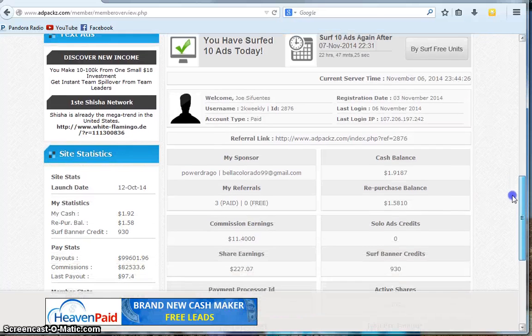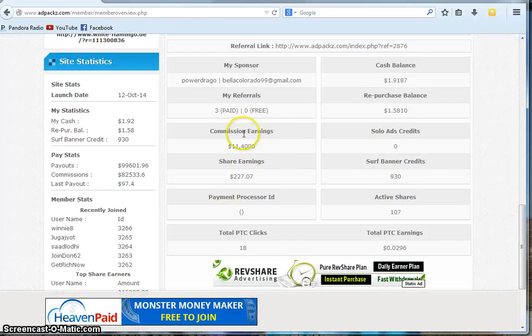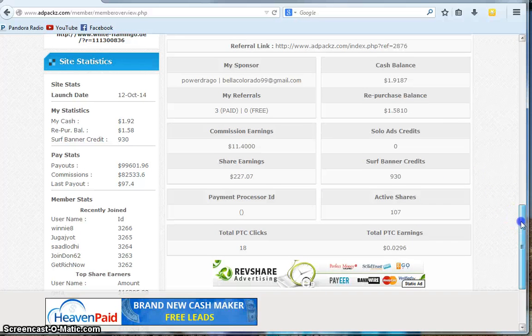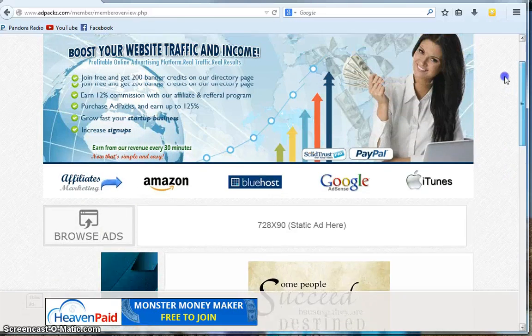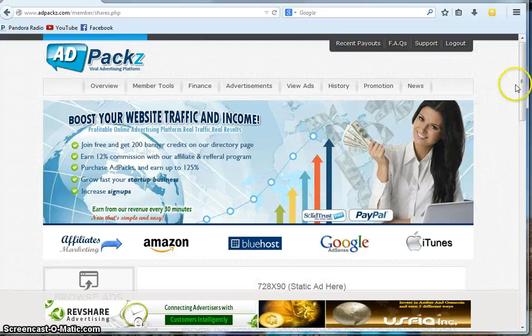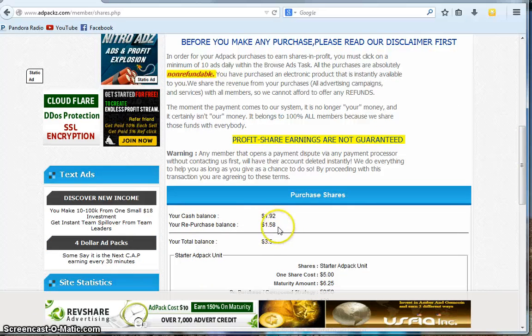on what they're earning. The biggest challenge is, if you look in the account, is that we take these share earnings, and if you're doing what 99% of most people are doing, instead of doing the 50% reinvestment and 50% cash out option, when it comes to purchasing shares, we're using 100% of our cash out balance and our repurchase balance.